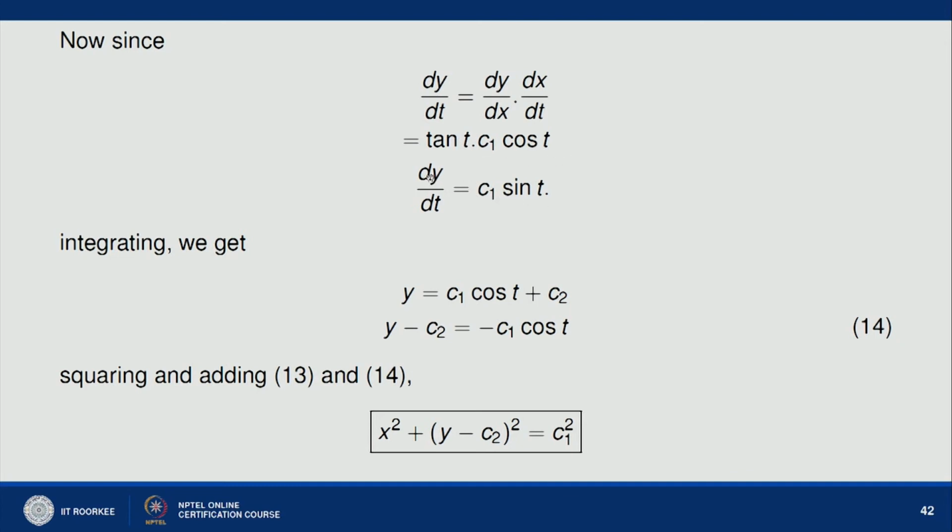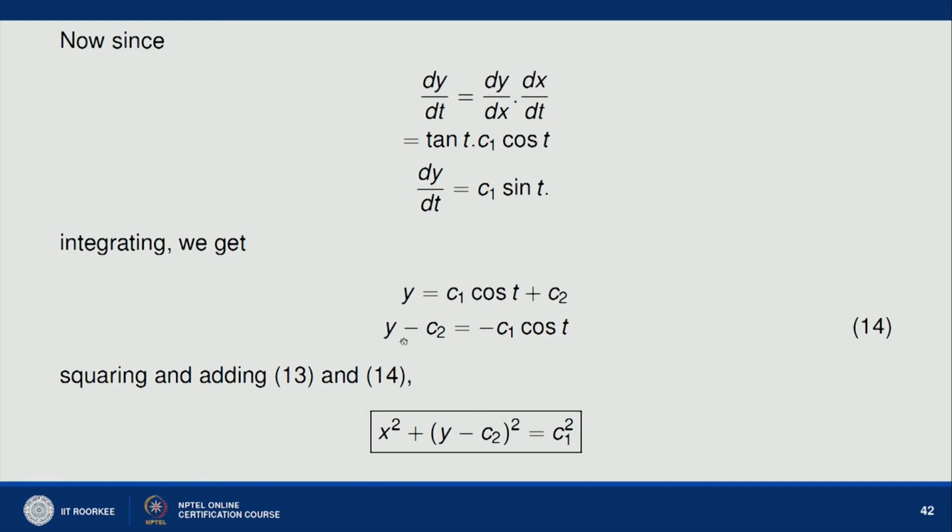So you can find out y in terms of t by solving this first order differential equation. When we solve this, it comes out to be y equal to C1 cos t plus C2. Now here again I am using this C1 as minus of C1. So here I can say that this is the solution of the Euler equation, given in a parametric form.